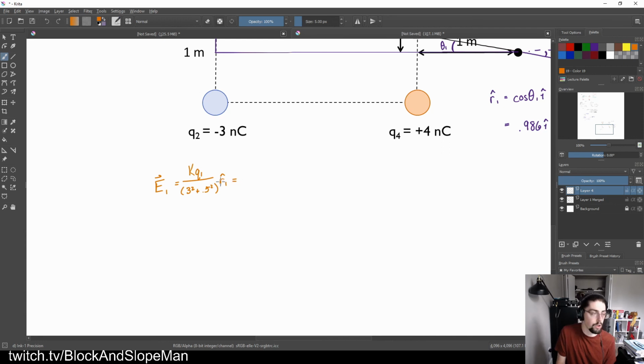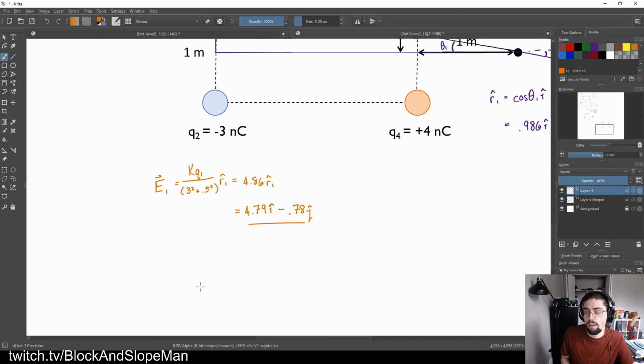We plug all of those things in, and what we should find at the very end is 4.86 times r1 hat. That's the magnitude of that field, and then it gets split up individually to 4.79 I hat minus 0.78 j hat.